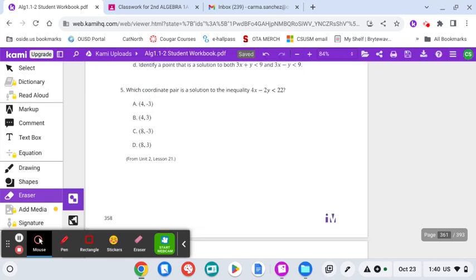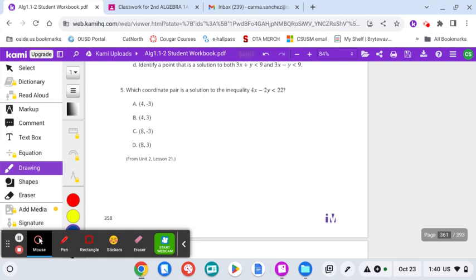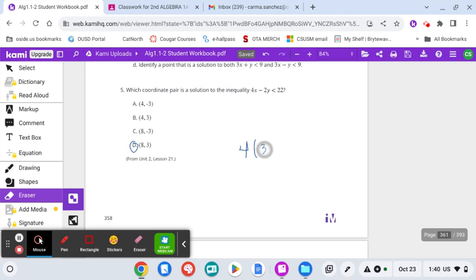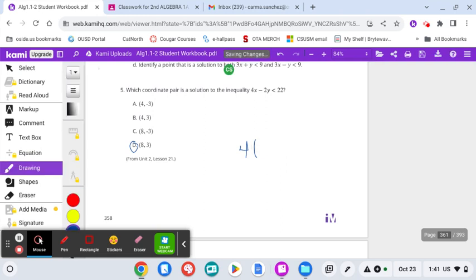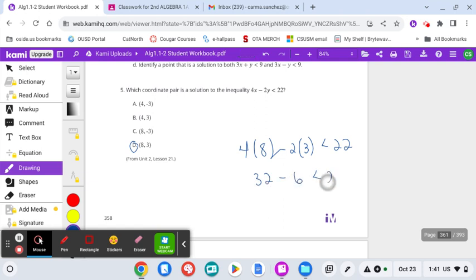Next wants to know which coordinate pair is a solution to the inequality. For example, we're going to test A, B, C, and D and see if it works. Only one answer will be your solution. Oh, sorry, A. What is 32 minus 6?